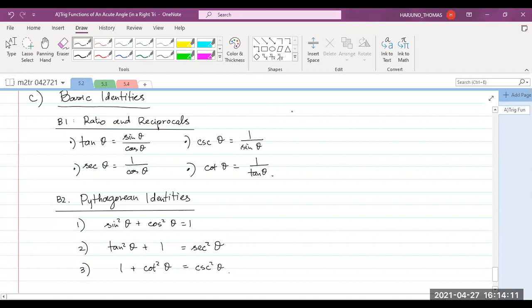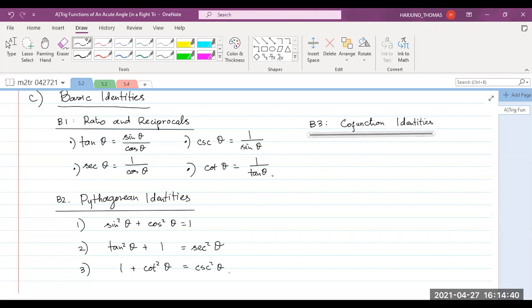Okay, let's write down group 3 first, and then we take a break. After we're done with the break, when we come back, we will work on the proof for Pythagorean identities, and the third one is cofunction identities. Which says the following.